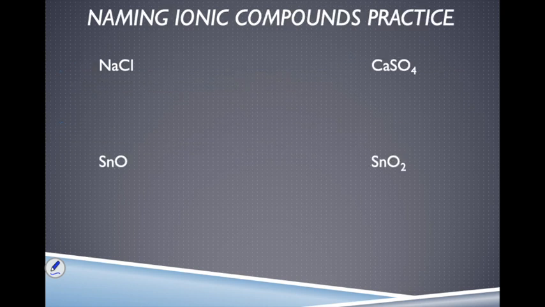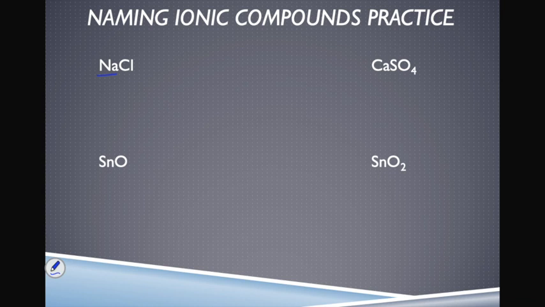Okay, this first one on here, some of you guys probably already have the name written down. Yes, fantastic, but let's make sure we're going through the process. So we're going to take a look at our formula, NaCl. Name of the cation. So cation is always written first in the formula and the name. So our cation is Na. If you're not sure what that is, you can look it up on the periodic table.